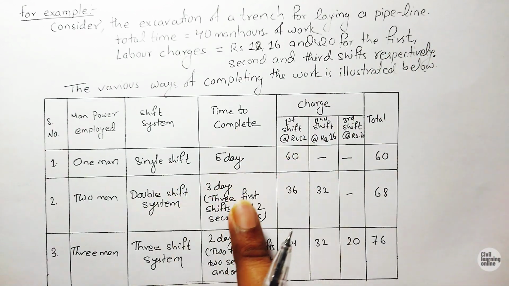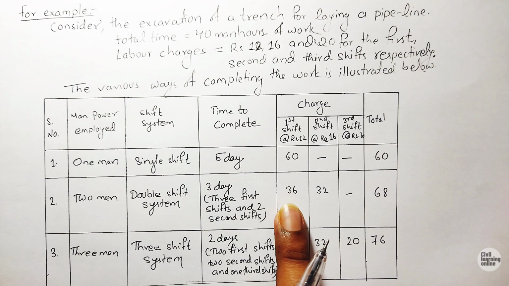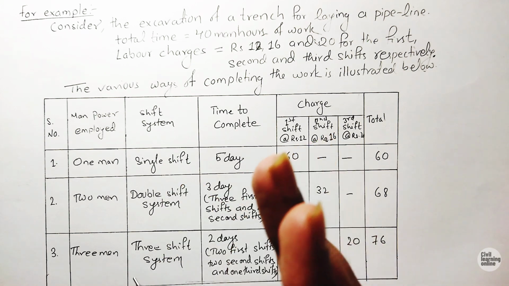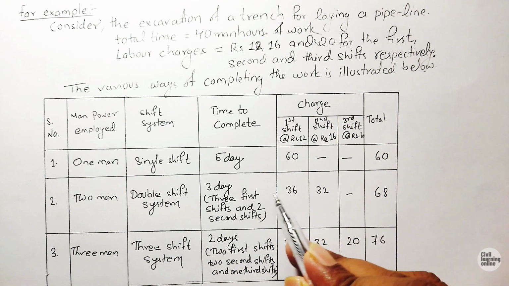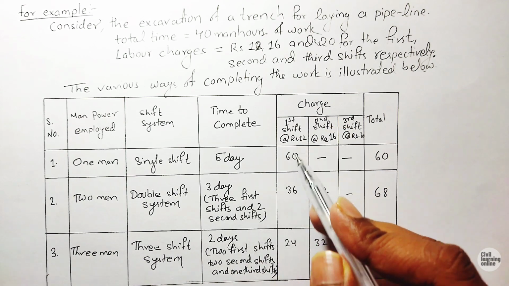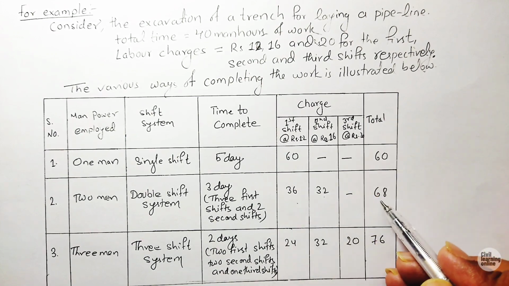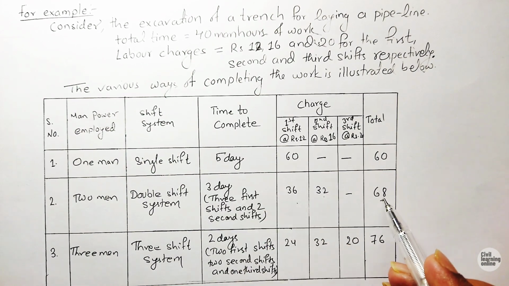They work 3 first shifts and 2 second shifts. 3 first shifts means 3 times 12 is 36, and 16 times 2 is 32, and in total it is going to cost 68. Here you can see that our duration is decreased and the cost is increased.